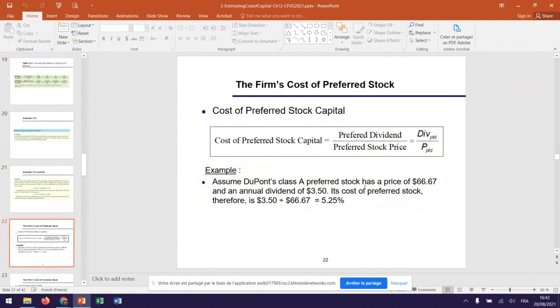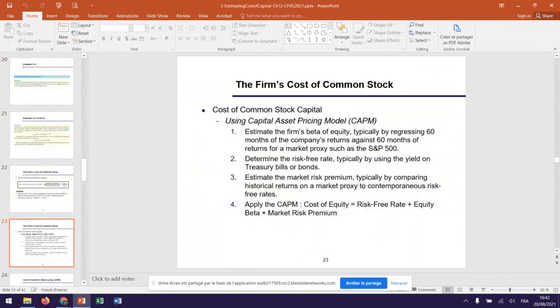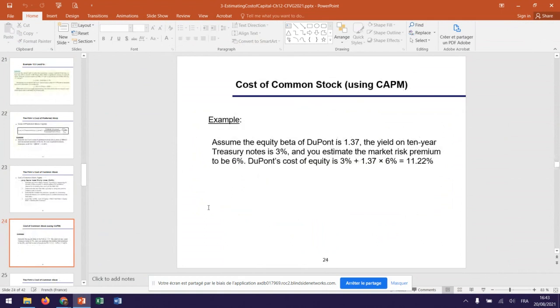But if you want to calculate the firm's cost of equity, you should be able to calculate the cost of equity capital using the CAPM. If you know the beta, the risk-free rate, and the market risk premium, you can simply apply the CAPM. Assume that the equity beta of DuPont is 1.37.